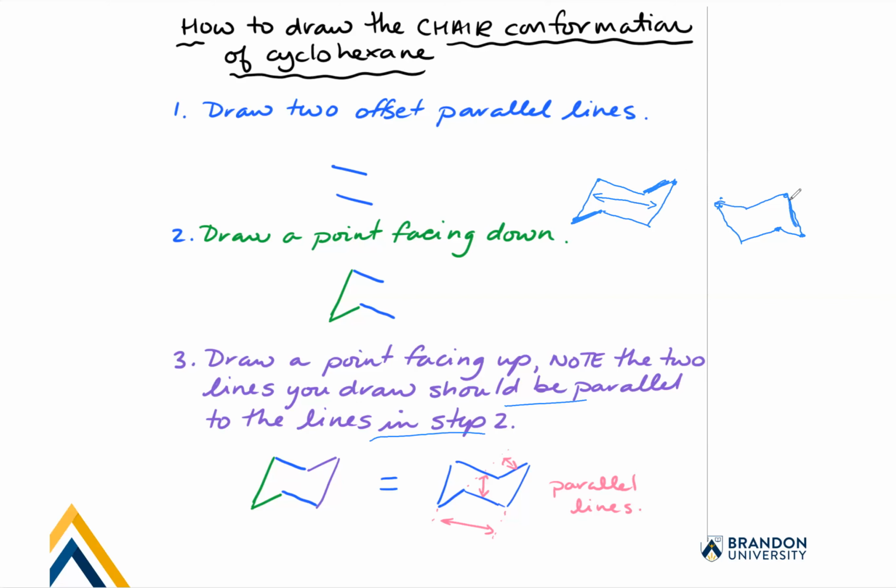So this line and this line should be parallel, and this line and this line should be parallel. So that gives you your 2 chairs. Now, as time goes on, you might get good enough to just draw things freehand.